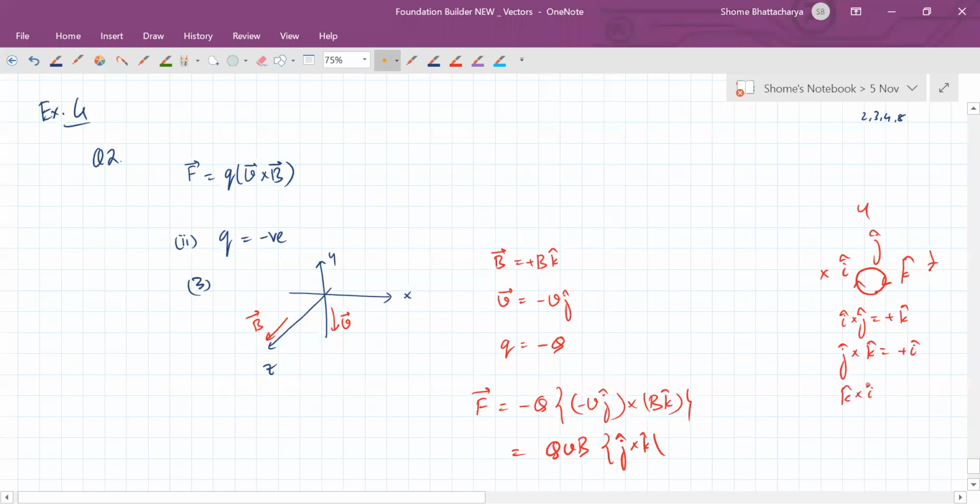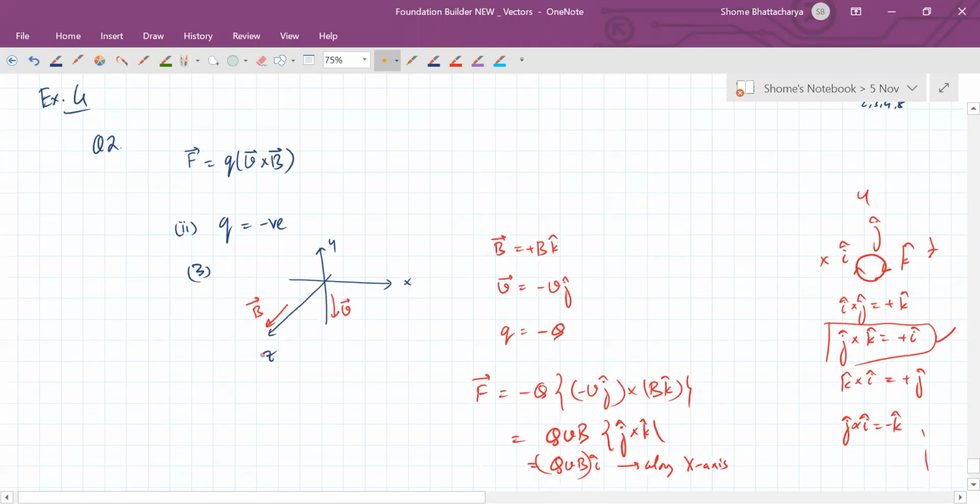And k cross i is positive j. Similarly, if you go opposite the circle, then j cross i is minus k and like that. So here we have j cross k. So that's this one. So you can see that it is QVB i cap. So it is along the x-axis. Understood, Hitanshu?